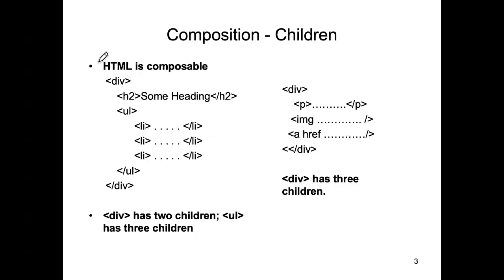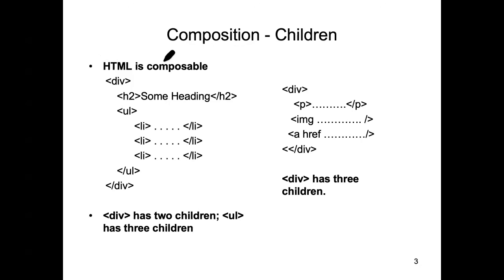Before I talk about the three patterns, just to get a term out of the way, HTML, as it turns out, it's a language in a sense, but it is based on the kind of composition approach.